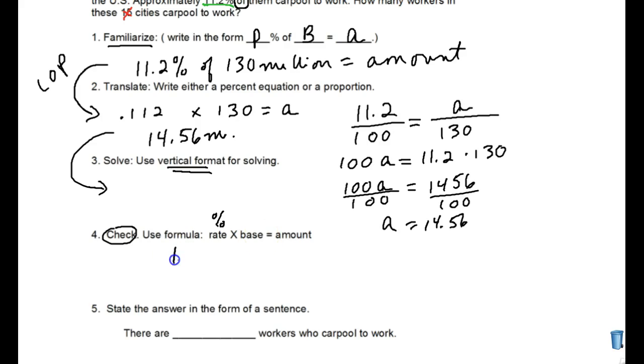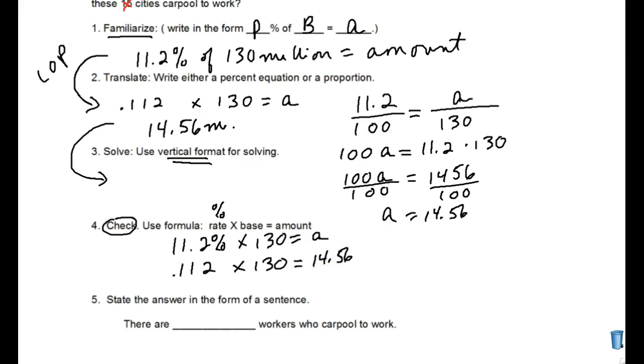My rate, 11.2%, times my base, 130, equals my amount. And you have to do 0.112 times 130. And that's my 14.56. So if you're using the proportion method, you can always check and see if you haven't made a mistake anywhere.